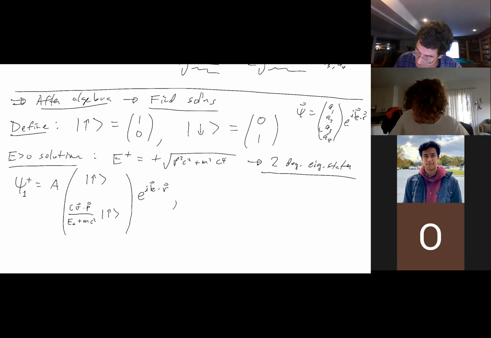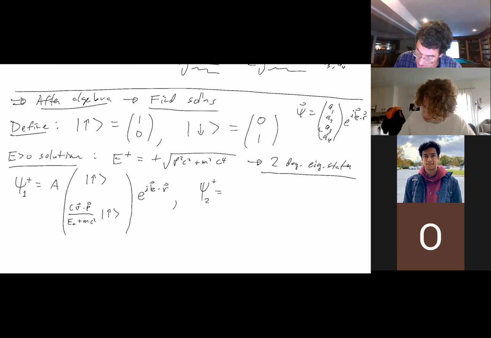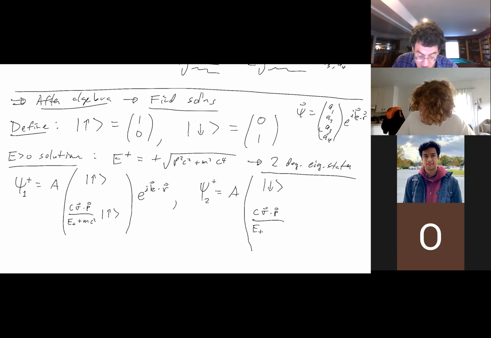And then the second state will be psi 2 plus is equal to, actually, I won't put little vector signs over it, that's just getting too messy. Then the other one is going to be some constant times, and here it'll be down. And then here it's going to be C times sigma dot P over E plus MC squared times down.